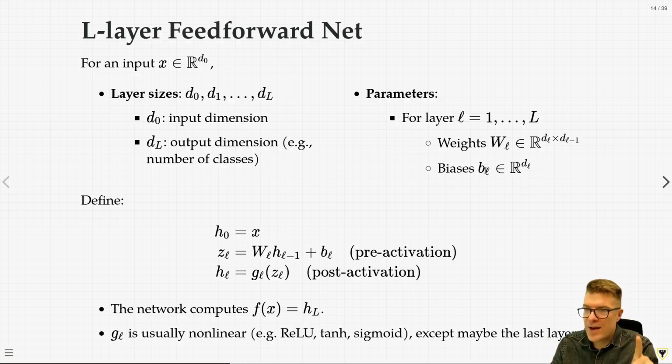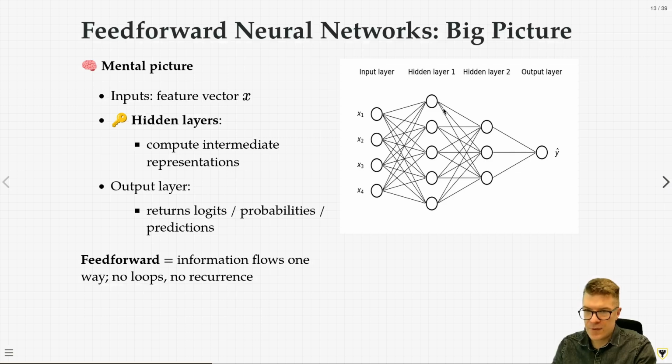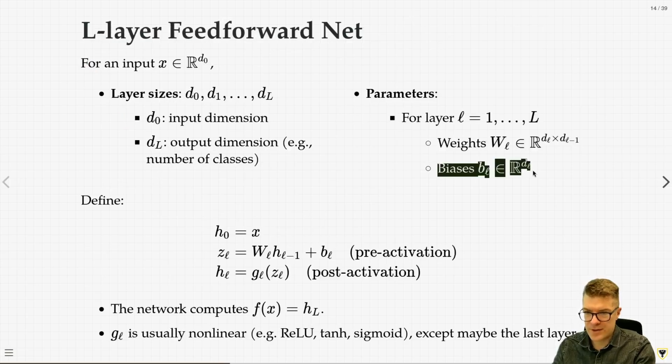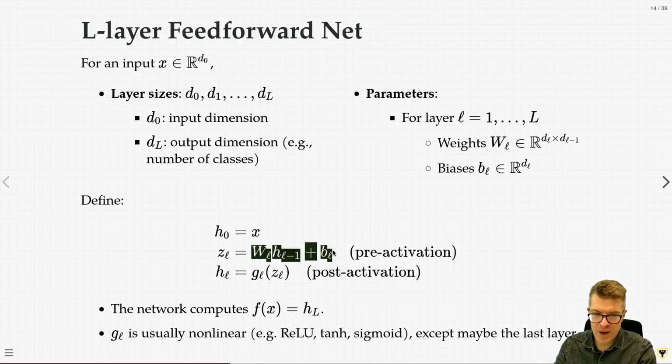And because we might have these biases, you also have a bias vector of size D sub L. Each of these hidden units in the Lth layer might have a bias term, which we called B sub 0 before. So if the 0th kind of pseudo hidden layer is X, then we have a pre-activation, which is, again, just a linear combination of all of the inputs from the previous layer multiplied by the weights.